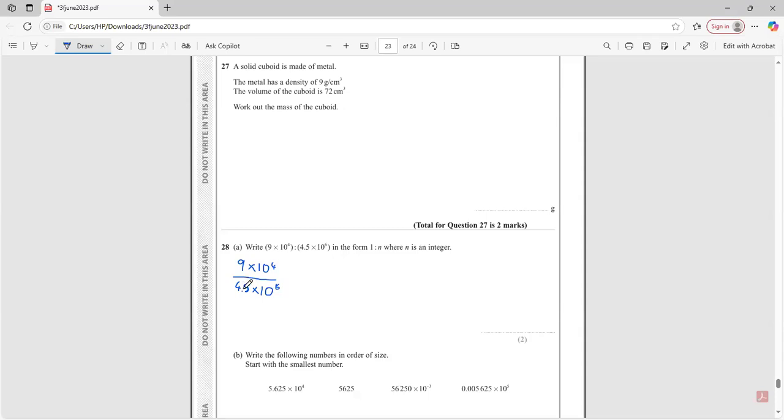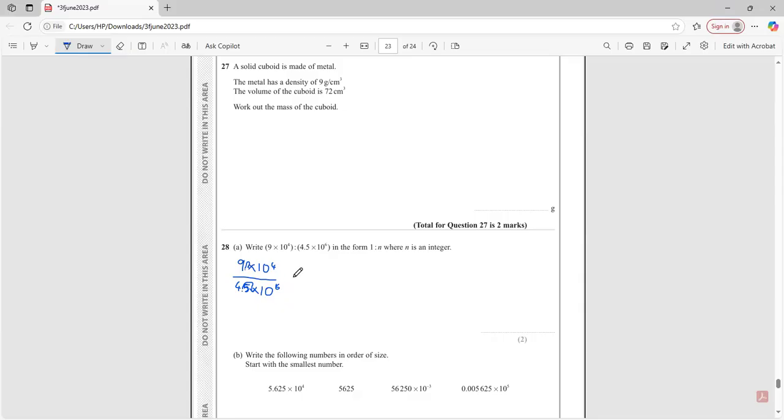Looking at 9 and 4.5, 4.5 has one decimal place, while 9 is actually 9.0, so it doesn't have any decimal place. So I'm going to move this decimal point to the right hand side. And of course, 9, whose decimal point is behind, will also move one place to the right, moving over the 0 there.